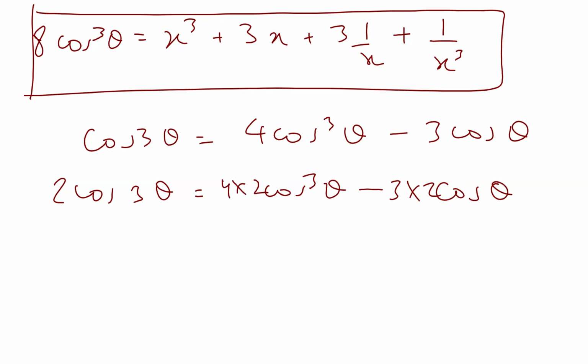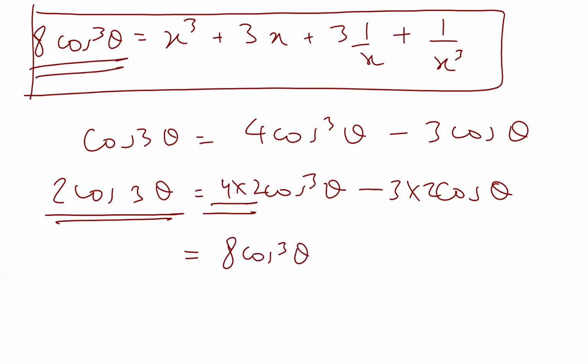Now we have the value of 8 cos cube theta. So this 4 into 2 will be 8 cos cube theta. We have this value, and the 2 cos theta value also we have. So I'll write this 2 into cos theta. I'll not multiply 3 into 2 and make it 6.